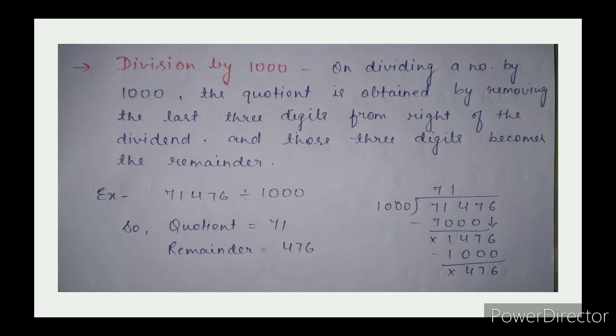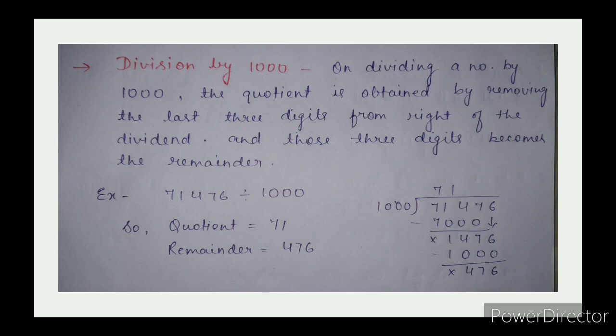Now the last one is division by 1000. On dividing a number by 1000, the quotient is obtained by removing the last three digits from the right side of the dividend, and those three digits become the remainder. For example, 71,476 divided by 1000.